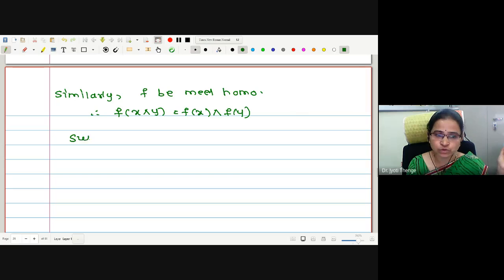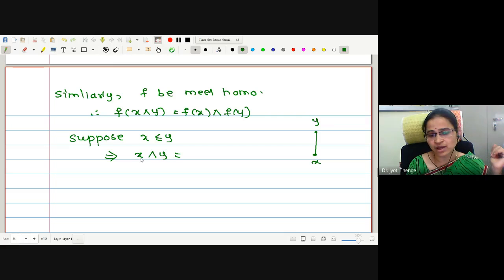Therefore, what do I have to suppose? Say x precedes y. But if x precedes y, what is the value of x meet y? Same situation again. x precedes y, that is, y is the successor of x, then the value of x meet y is x.